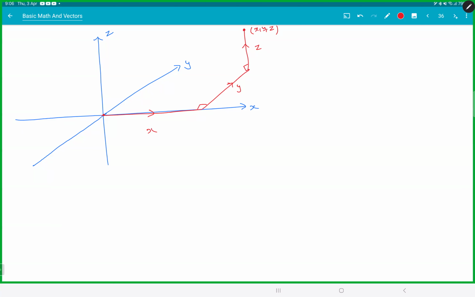If this is the flat surface, you're traveling like this. If this is the screen, you're traveling like this, and you're coming out of the plane. On a flat surface, you're going straight and then you're coming up. Is that making sense? Here, X and Y is the horizontal surface, the floor. Z is the vertical height.